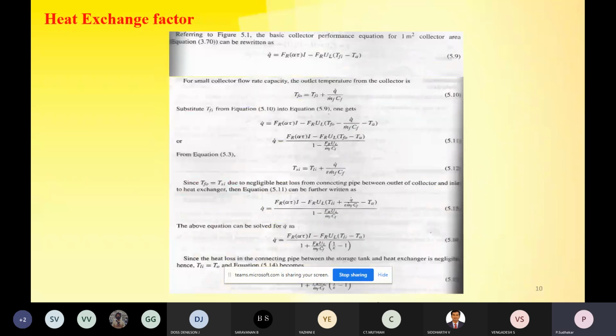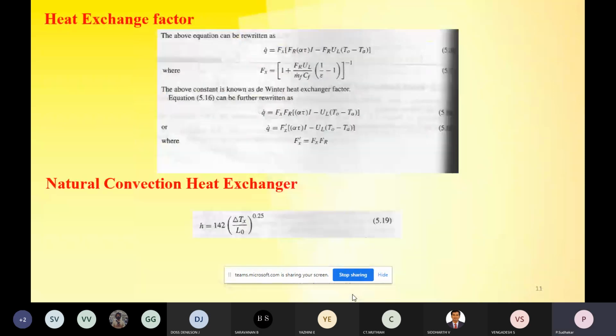So the last equation can be written as Q dot equal to Fx, where the Fx value is 1 plus FR UL by m dot F CF, times (1 by epsilon minus 1) whole inverse.